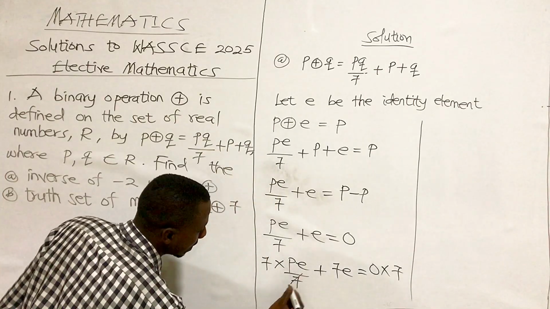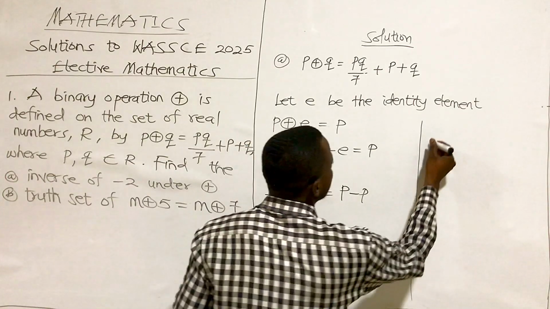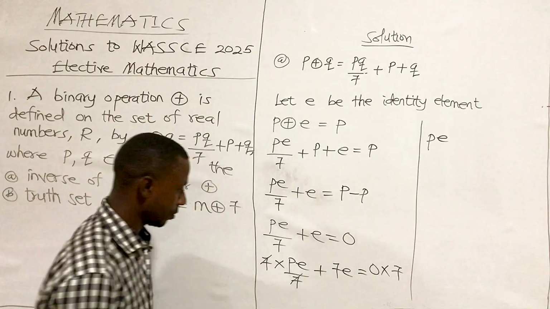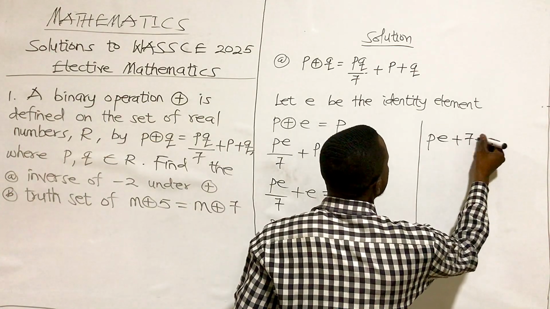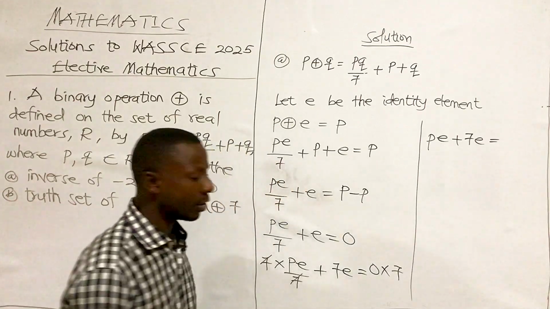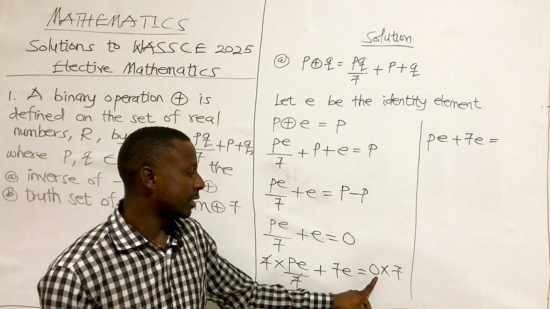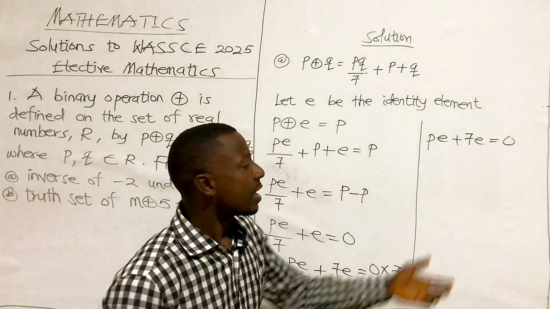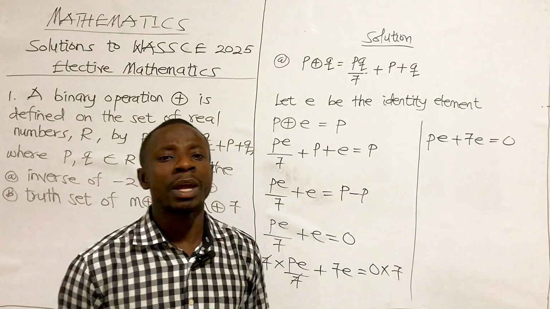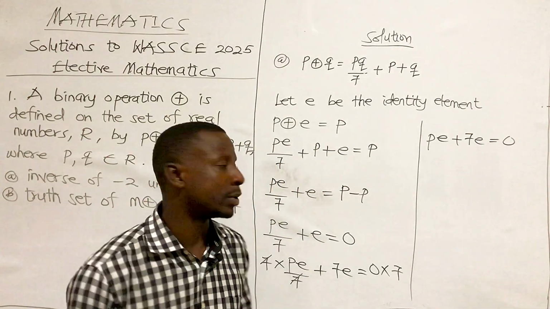So now this cancels this, and it will be left with PE plus 7E is equal to, we all know that 0 times 7 is still 0. Then we are going to factor E out.